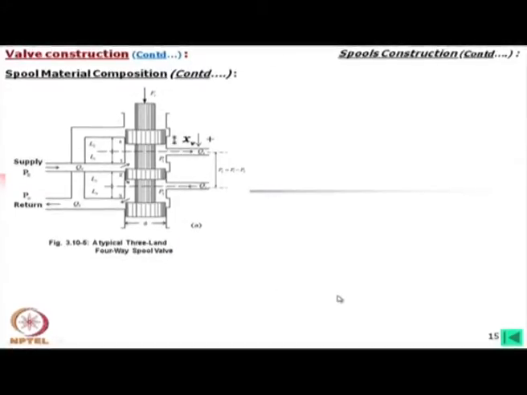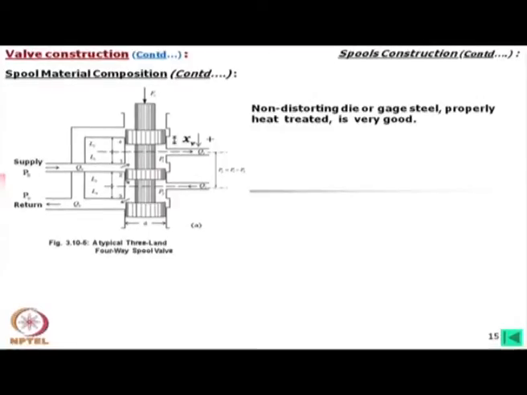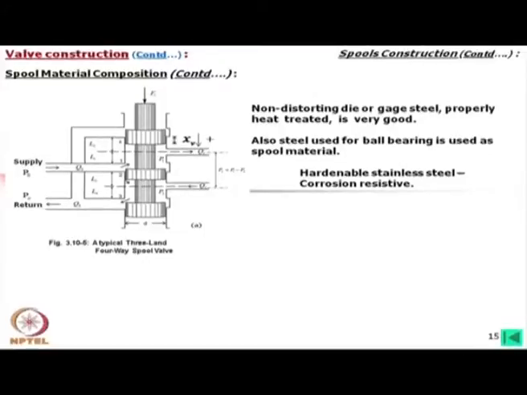Now, non-distorting die or gauge steel, properly heat treated, is very good for spool. Also, we can use the steel which is used for ball bearings. Hardenable stainless steel is corrosion resistive, so that also can be used.